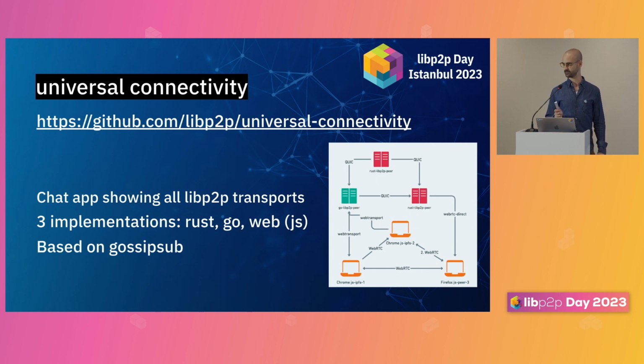I believe it's going to be landing soon in Go. And so that means that depending on the browser you're using, you might only be able to connect to one of these bootstrappers. Firefox still doesn't have support for WebTransport, and Chrome has support for both. So a Firefox node will just use the WebRTC Direct connection to the Rust peer.